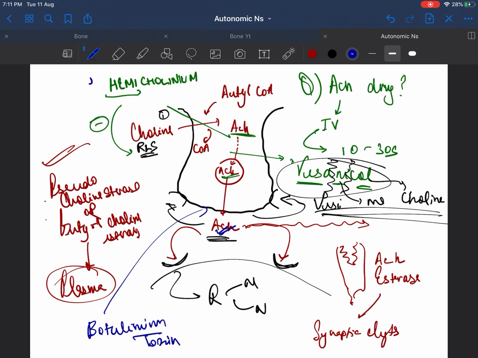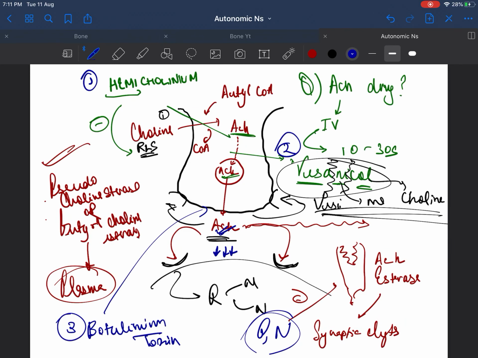So we have first the hemicholinium, we have the vesamicol, and we have the Botox. So these drugs decrease the ACH levels in the synapse. Okay, so then we can also increase the level of ACH by inhibiting this enzyme. We have drugs like physostigmine and neostigmine, which we'll learn about later.